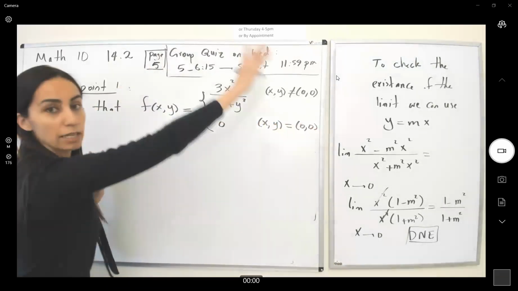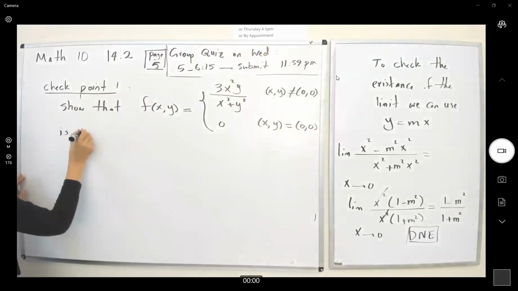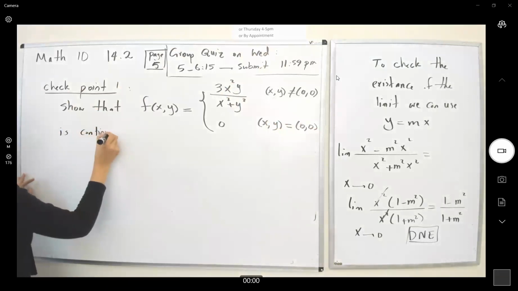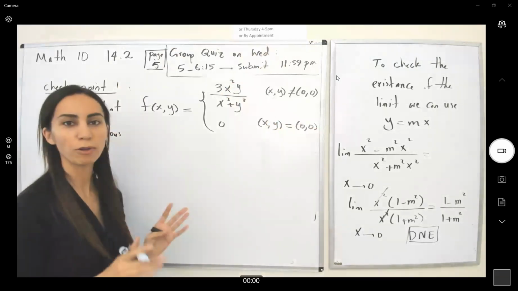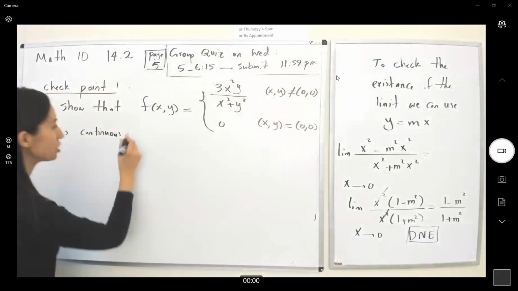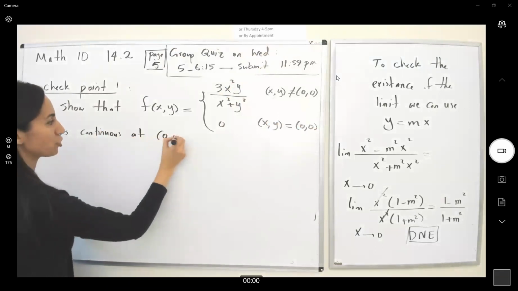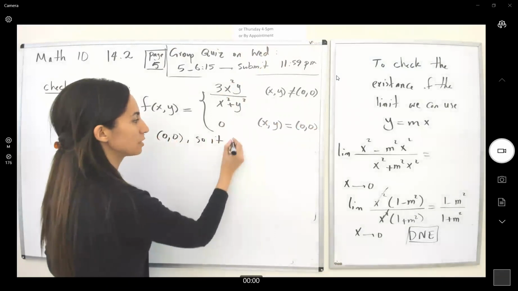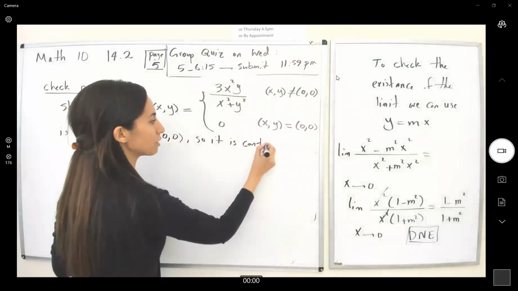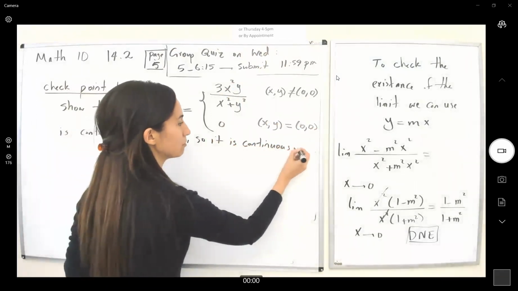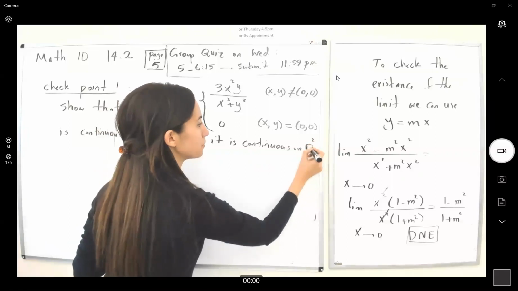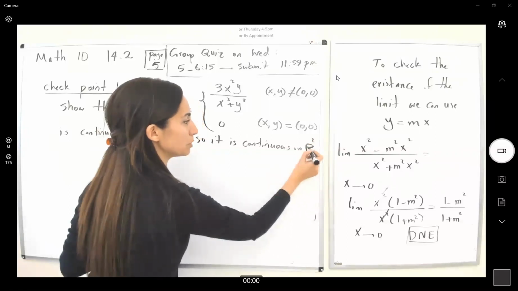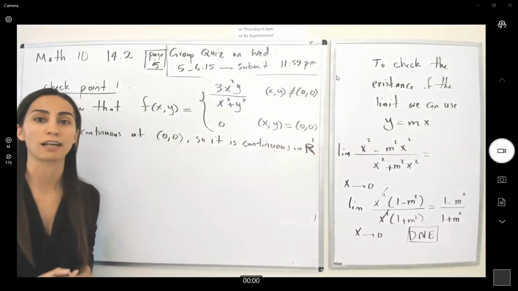Show that this function is continuous at the troubling point, which is the origin. So it is continuous everywhere, R squared. Everywhere, I mean the plane itself, R squared.